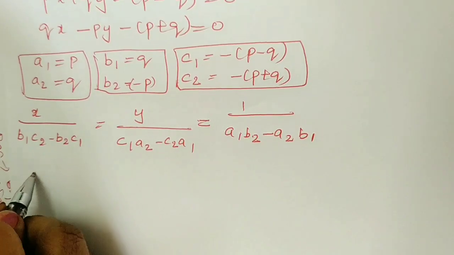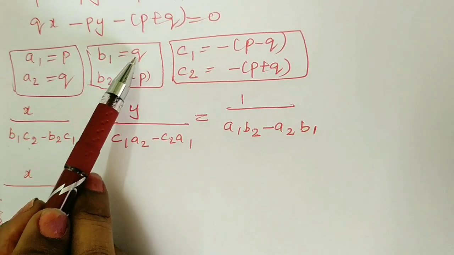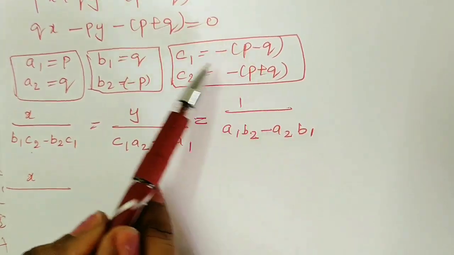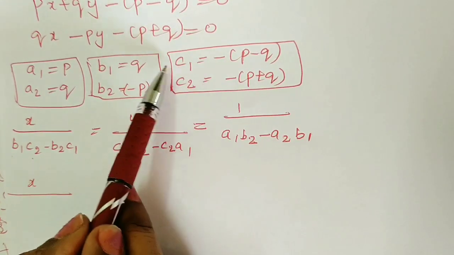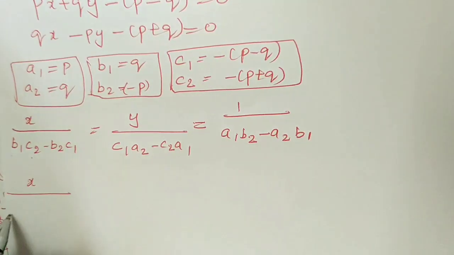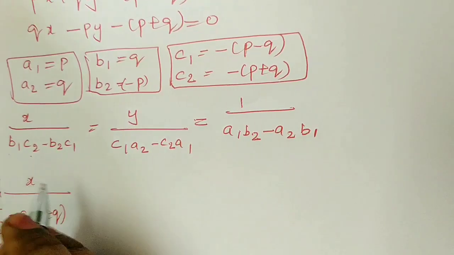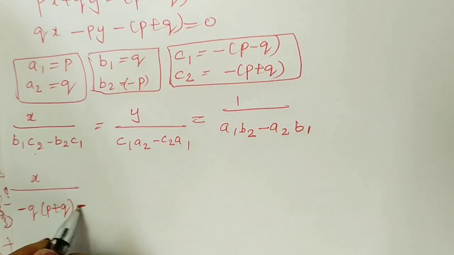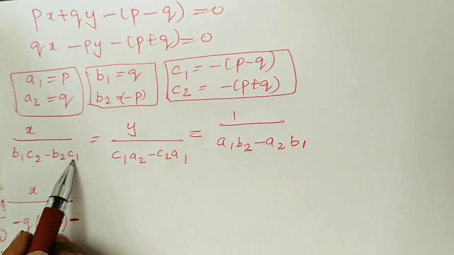Okay, x divided by b1 into c2, this into this, minus is there, I'll take minus outside, minus q into p plus q. I'll write here minus q into p plus q minus of, write the formula, minus. Now multiply b2 into c1.